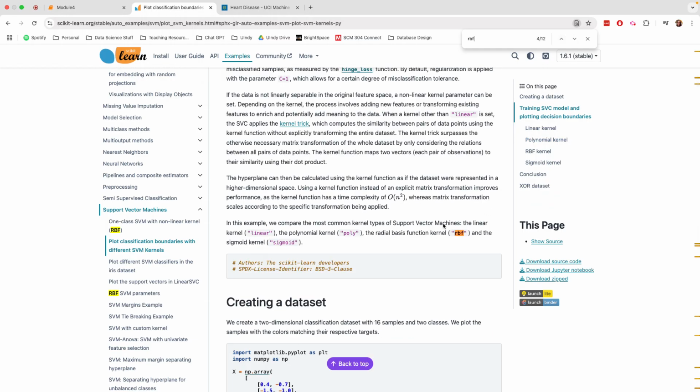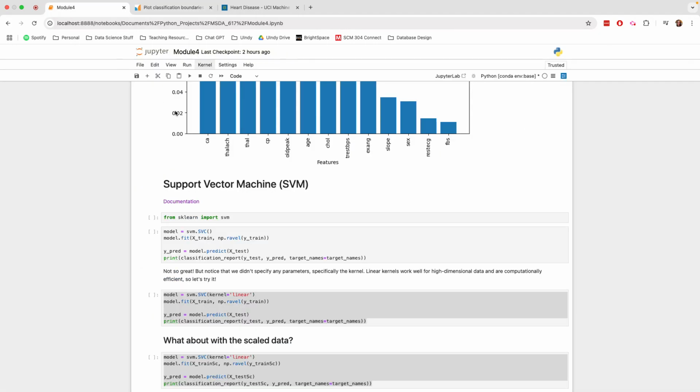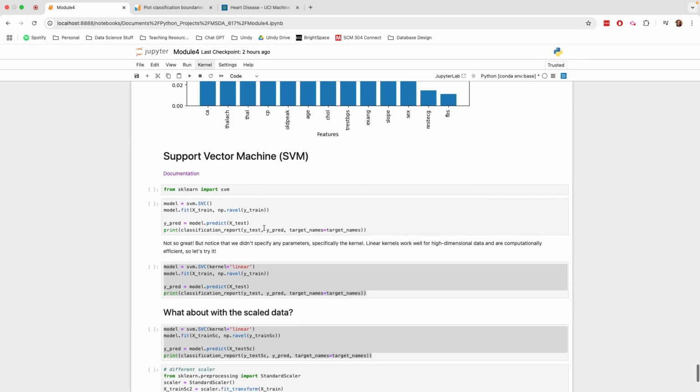Radial basis function kernel. I found a few different tools that have helped me with this. Honestly, the ones I've seen so far, the RBF is good for complex nonlinear relationships. So if you think it's nonlinear, go with that. It can be sensitive to overfitting. Everything I have seen has said to start with linear, but try a few things out.